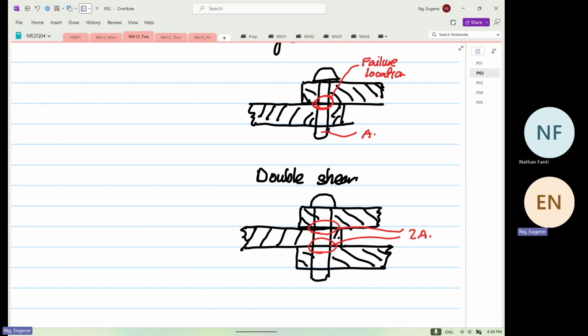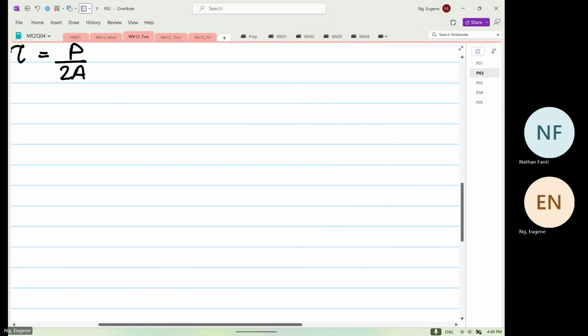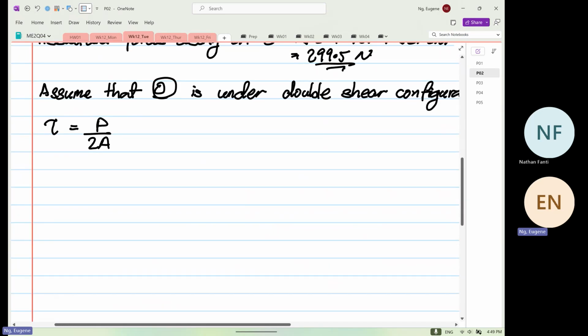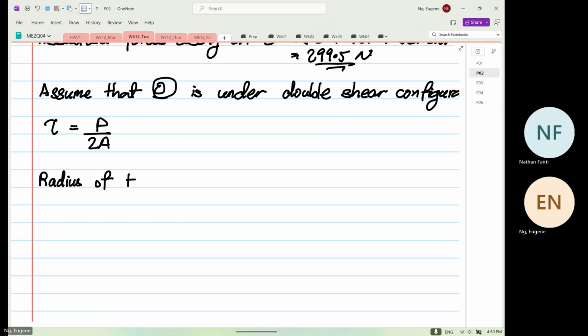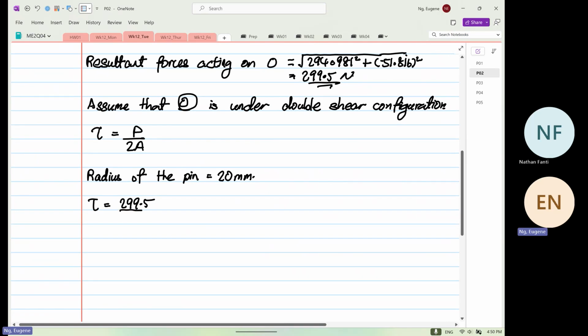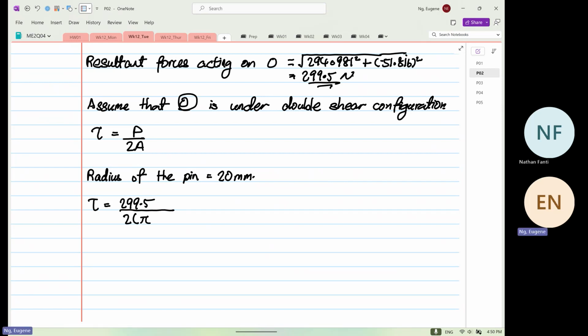Are we clear? So from here, if I were to ask you to calculate the shear stress that's acting on the bolt, assuming that the radius of the pin is equal to 20 millimeters, the shear stress is the force that you calculated, 299.5, divided by twice the cross-sectional area, pi times the radius 0.02 squared.